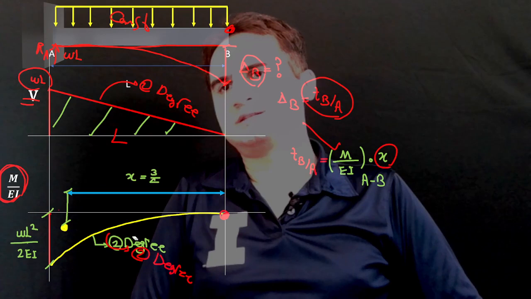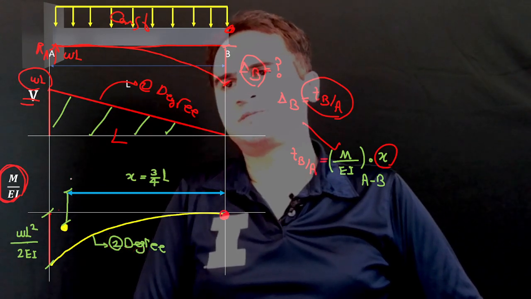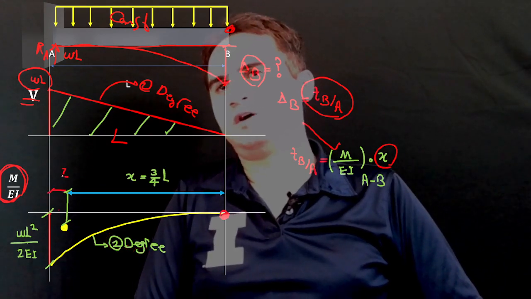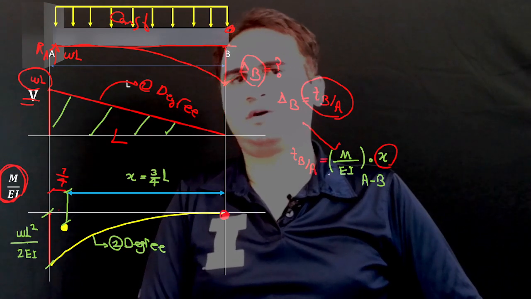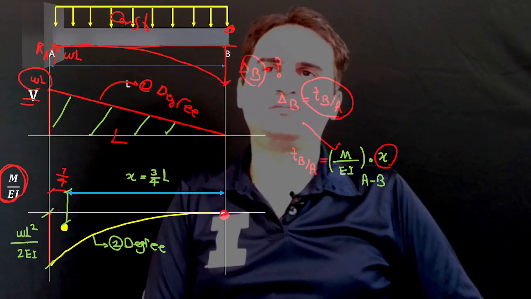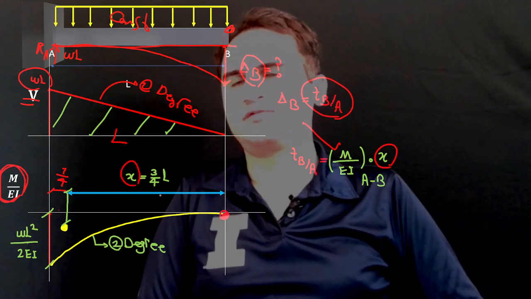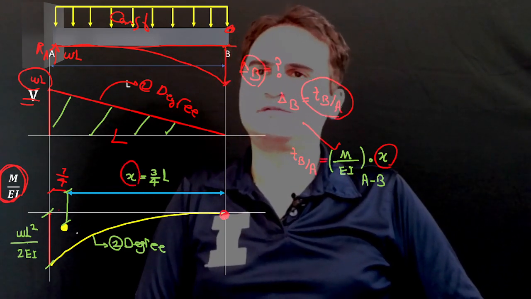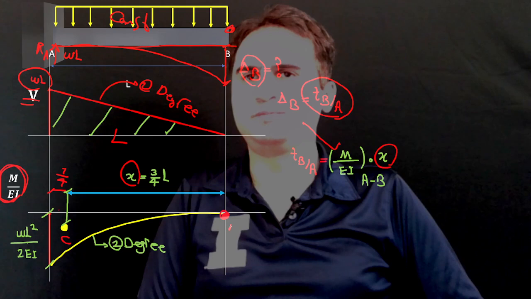TBA is the area under the moment times X, which is 3/4 of the length from the centroid to B.